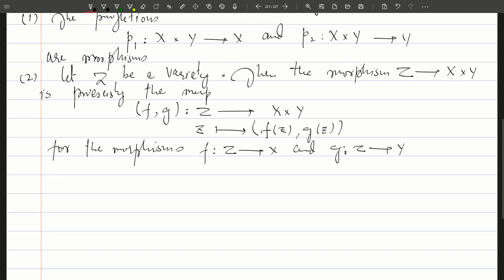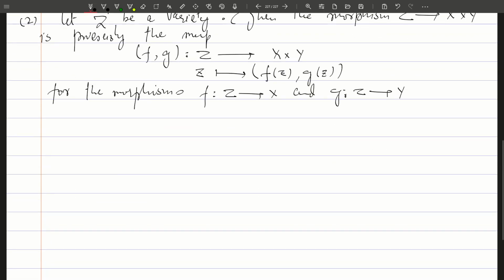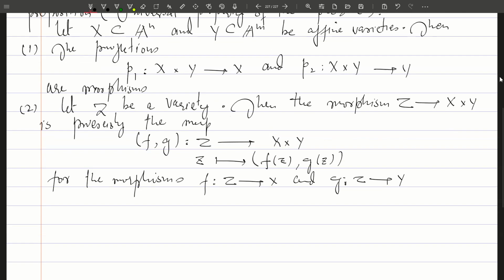So we have to prove that any morphism from Z to X times Y is of this form. If we have a morphism, say phi, from Z to X times Y, then phi is of the form (f,g) from Z to X times Y, with f and g morphisms.